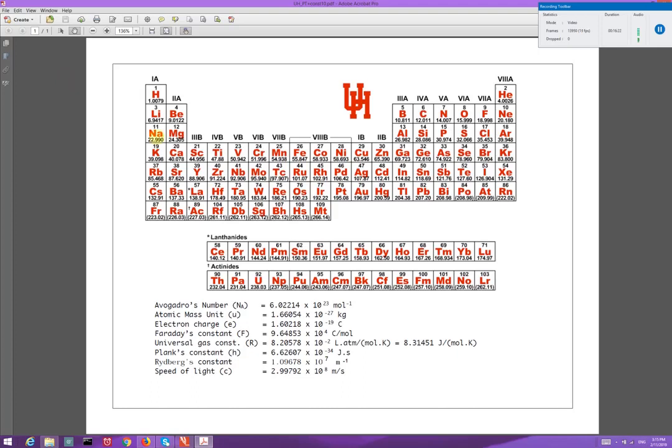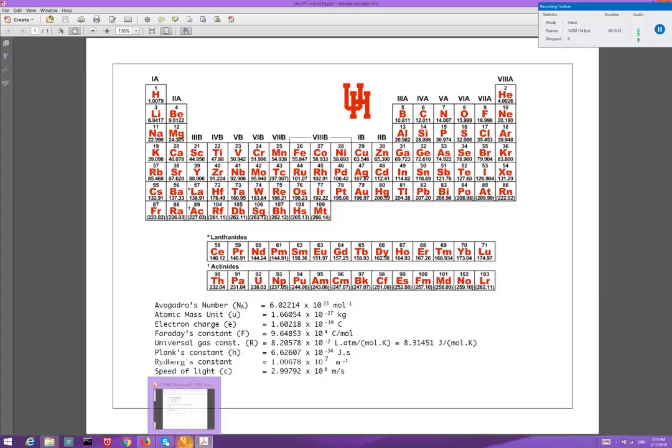So Na+ would have 10 electrons and 11 protons, magnesium 2+, take away 2 electrons, that's 10 electrons, aluminum 3+, take away 3 electrons, that's 10 electrons, silicon 4+, take away 4 electrons, that's also 10 electrons. So all 4 of those cations have exactly 10 electrons. They have the same configuration as neon. All of those then involve removing core electrons from the neutral element, so they're all the same in that regard.